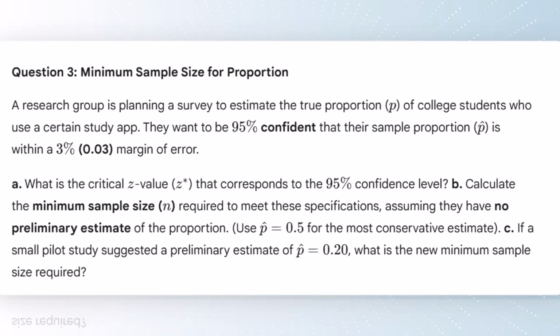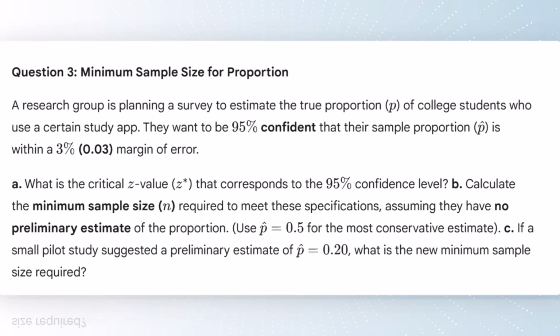So let me put the formula here and show you how to proceed from there. For 95% confidence, we have Z equals 1.96 as I showed you using the normal calculator. We have E, the margin of error, which is 0.03. And in order to find the minimum sample size, if we don't know any information about P hat, this is how you do it.